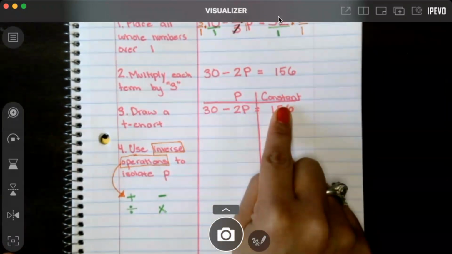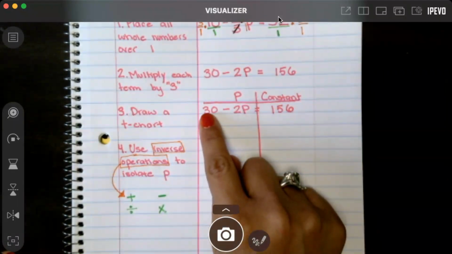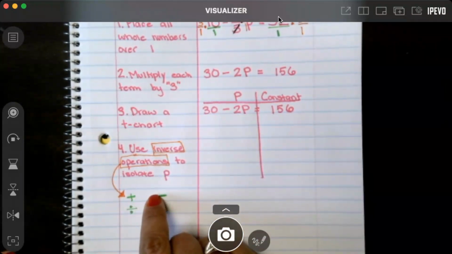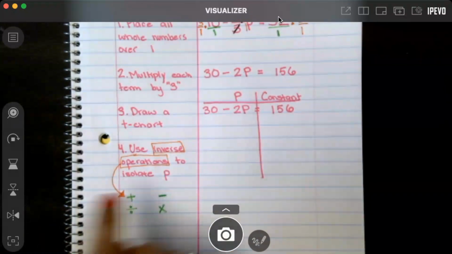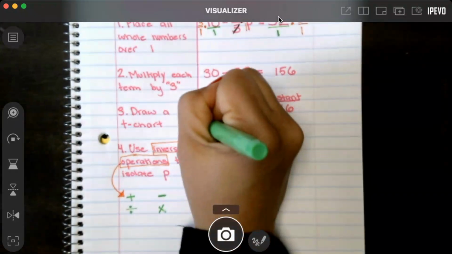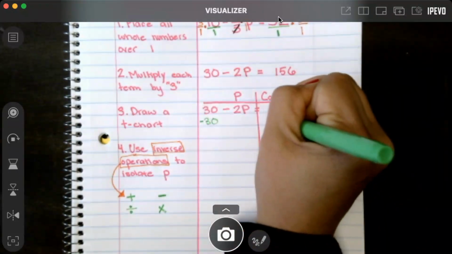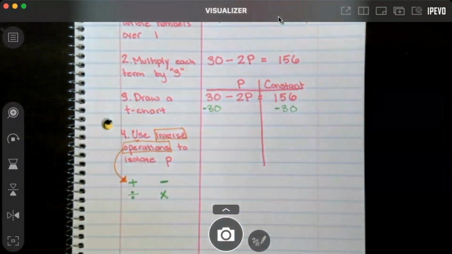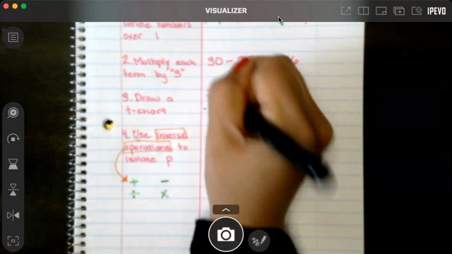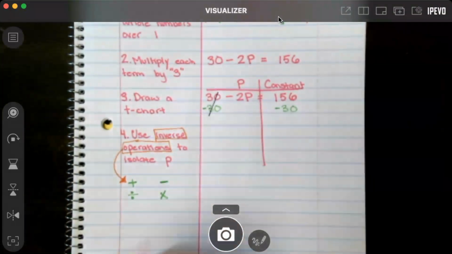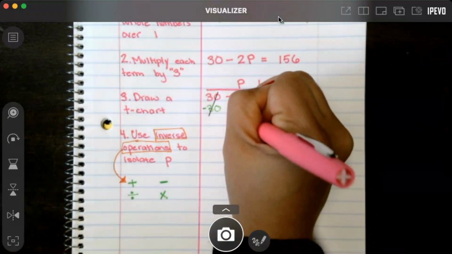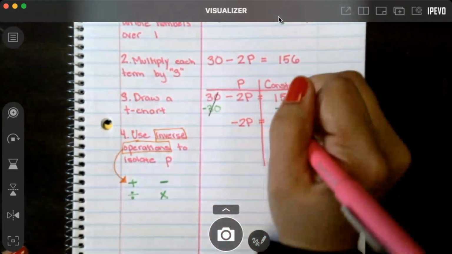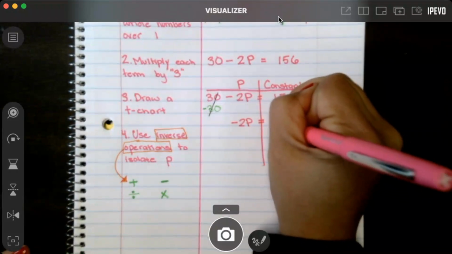That should be over on the constant side. What is the inverse of a positive 30? Well, the inverse of a positive 30 would be a negative 30. So I'm going to subtract 30 on both sides of the equation. This is going to cancel out the 30s, leaving you with negative 2p equals 156 minus 30, 126.